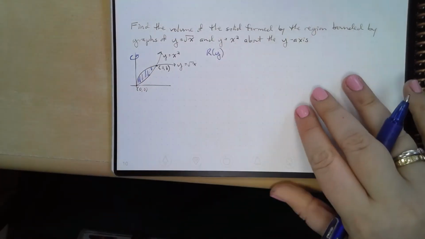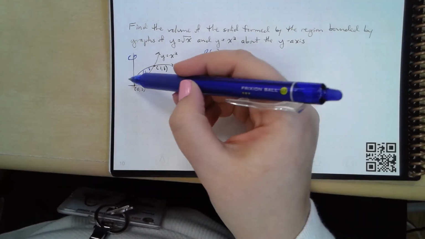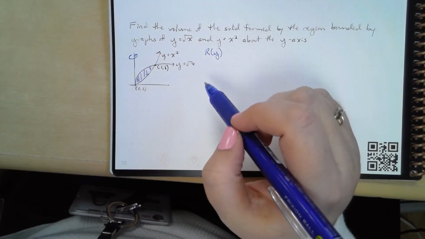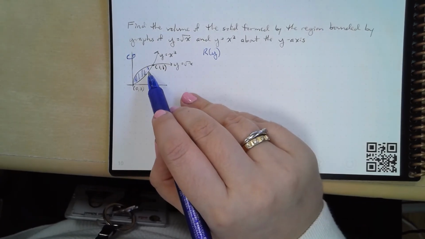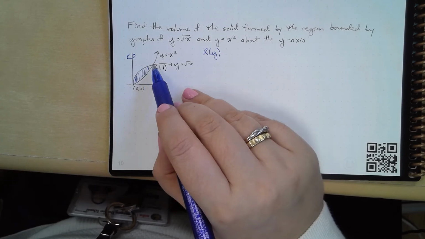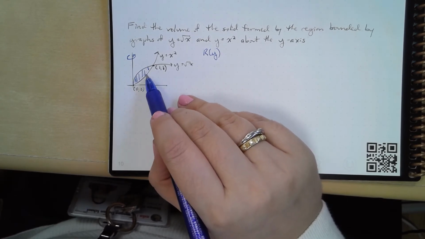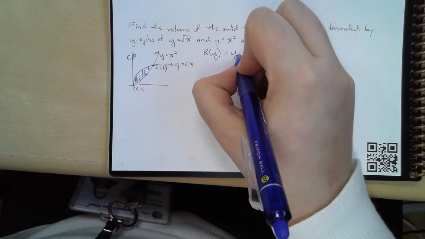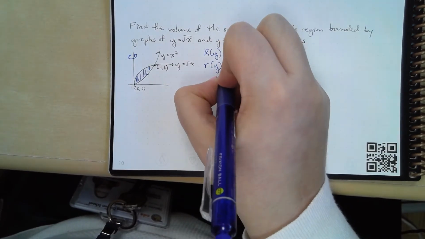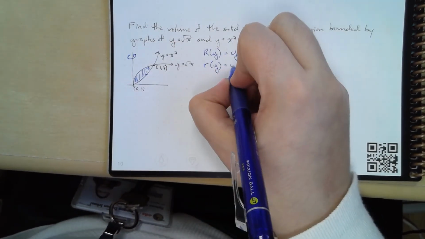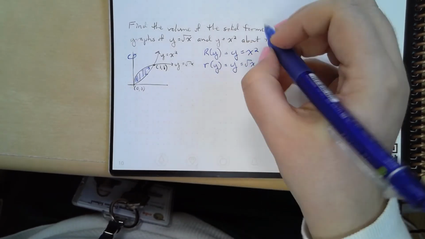Here, we're going around the y-axis, so we're perpendicular to the y-axis and we need to solve for x. Our outer radius is this equation, y equals x squared, and our inner radius is this equation here, y equals radical x.